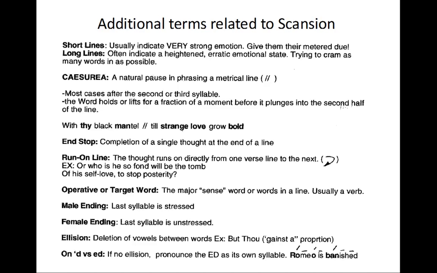Sometimes we refer to a line that has a stressed end, which is how a normal iambic line ends, as a male ending. Iambic pentameter works in such a way that the end of the line always has an extra power to it. That's one of the reasons why the poetry works particularly well for dramatic work. And then the female ending is an ending that has an unstressed last syllable.